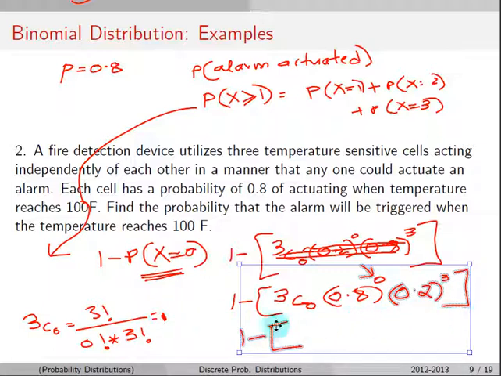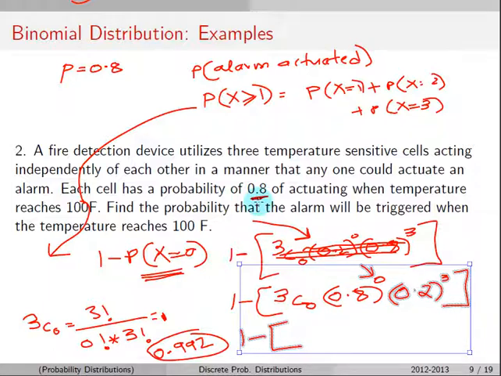So this will just boil down to 1 minus 0.2 raised to 3, which is 0.008, or in other words, this will be 0.992. So I hope that was okay. Initially I asked you to take a look at 0.2 raised to 0. It should really be 0.8 raised to 0, but nothing else changes because we still have 0.8 here.